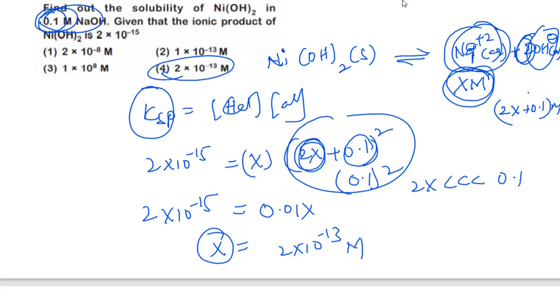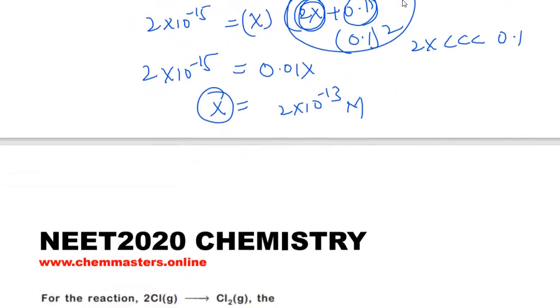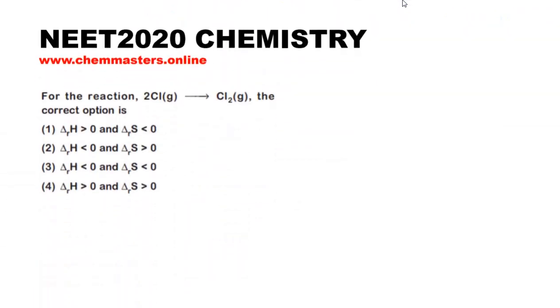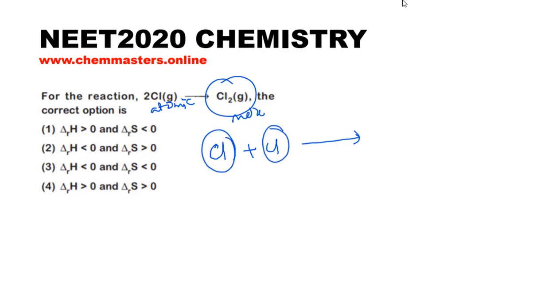And next question. For the reaction, two atomic chlorine gases react to produce molecular chlorine. Now the 2 chlorine atoms are involved in a reaction to make a bond, Cl-Cl. That means a new sigma bond is formed here.